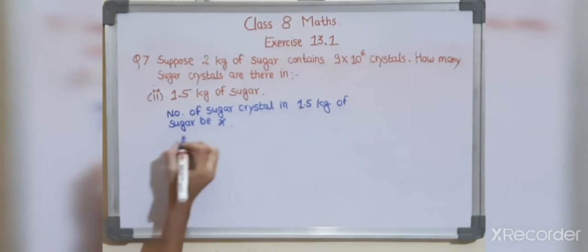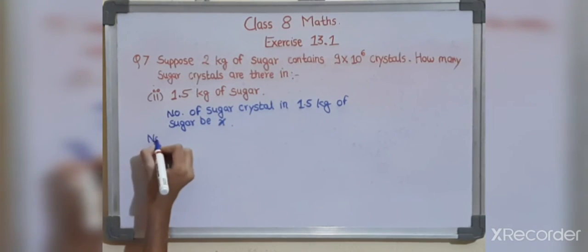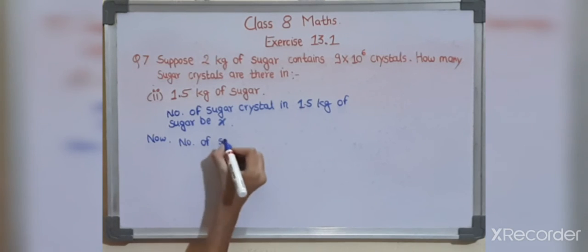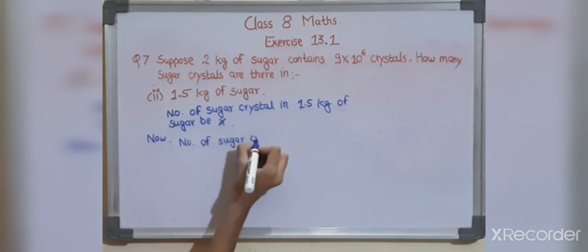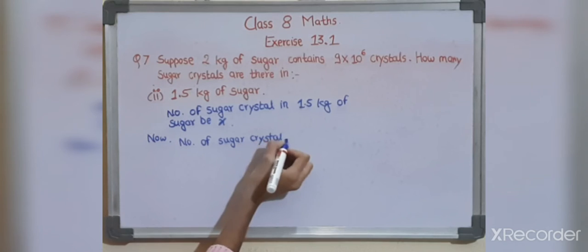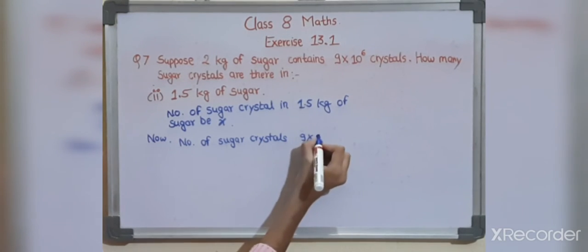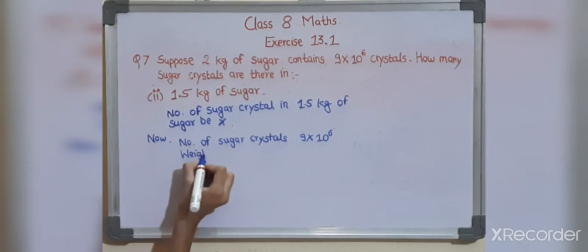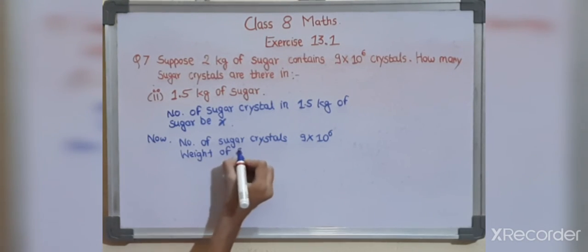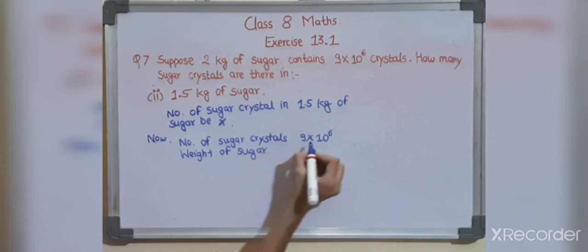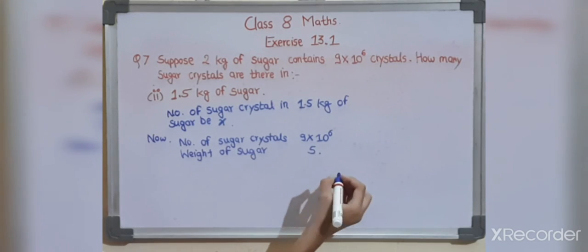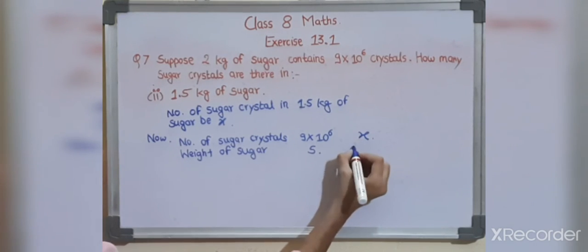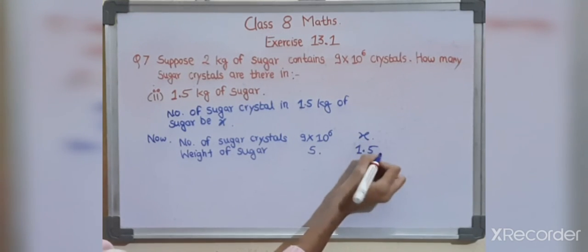So here now number of sugar crystals here is 9 into 10 raised to power 6, and weight of sugar is 5 kg. Now we need to find out number of sugar crystals in 1.5 kg of sugar.